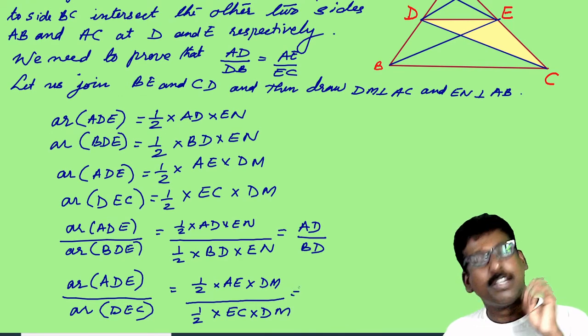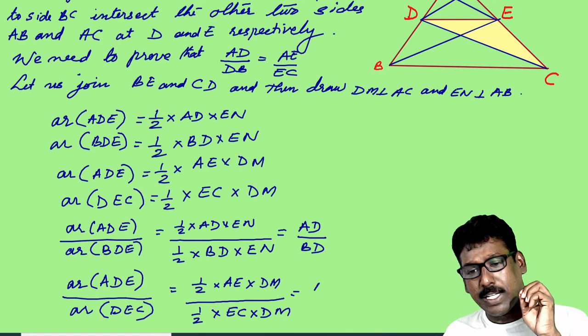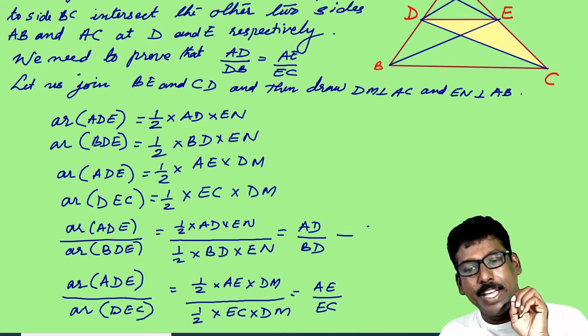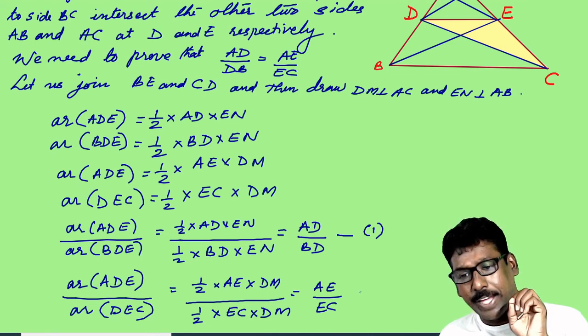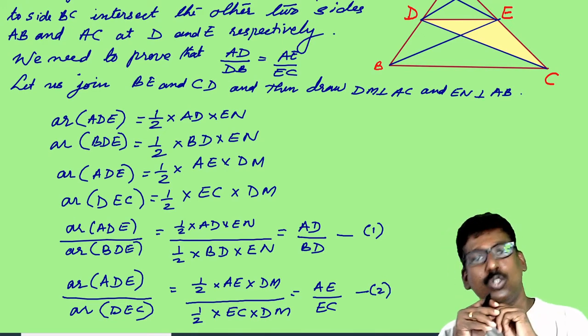Here half can be cancelled, DM and DM can be cancelled. So the remaining is AE by EC. Now, area of ADE by area of BDE is equal to AD by BD. Take it as equation 1. And area of ADE by area of DEC is equal to AE by EC. Let me take it as equation 2.